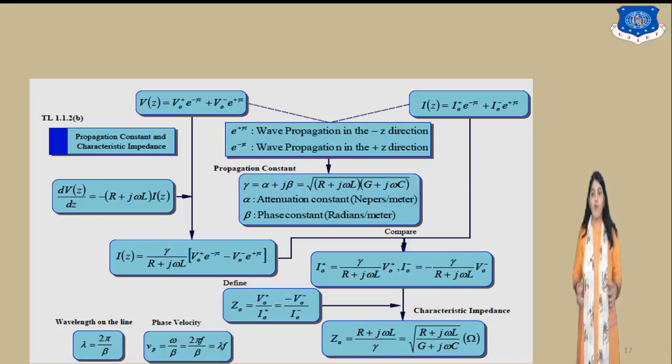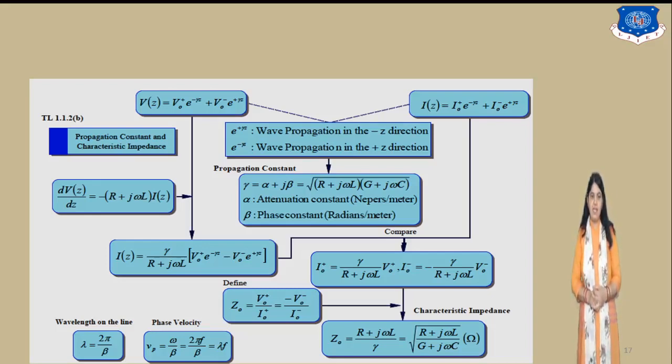So this way we have the propagation constant and the characteristic impedance that we need to find out. e raised to plus gamma z is the wave propagation in the minus z direction, and e raised to minus gamma z is the wave propagation in the plus z direction.